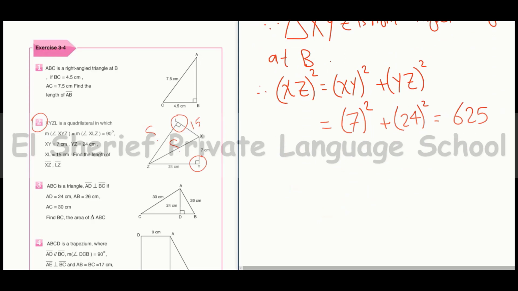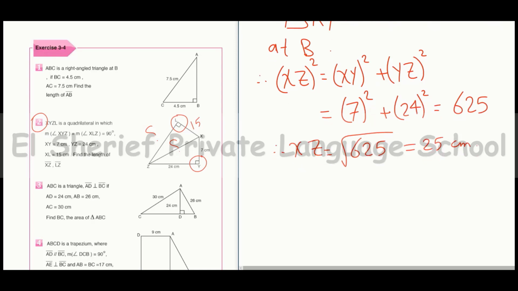After that, by taking the square root of both sides, XZ equals the square root of 625 equals 25 centimeters. That is the length of XZ.